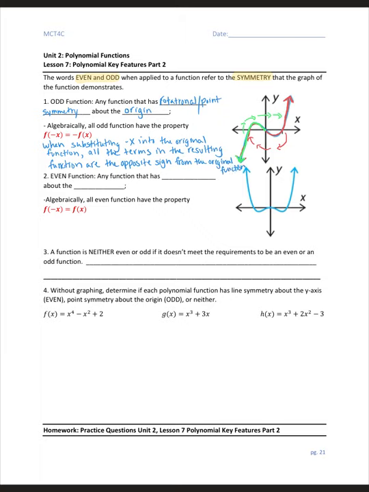So when we substitute a negative x into the original function, all the terms in the resulting function are the opposite sign of the original function. And we'll take some examples so you can see what I mean here.